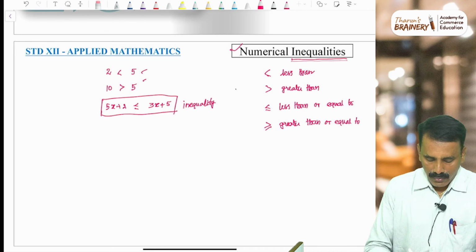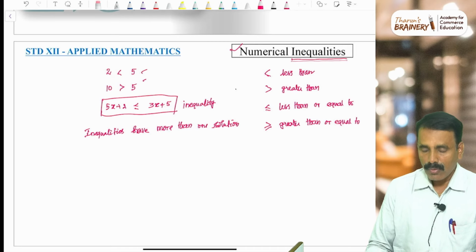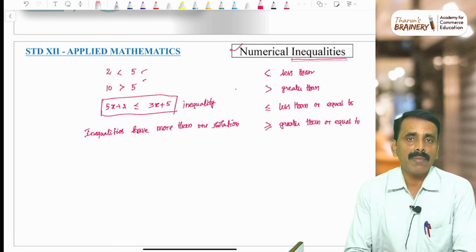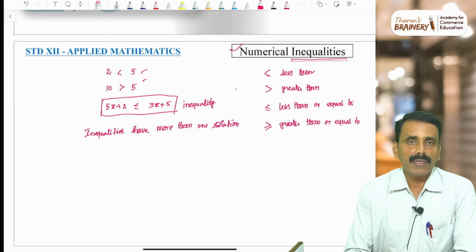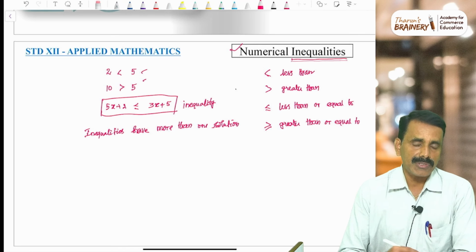Now inequalities will have more than one solution. In typical cases, it may have one solution also, but in general, inequalities will have more than one solution. Sometimes it will have infinite number of solutions.